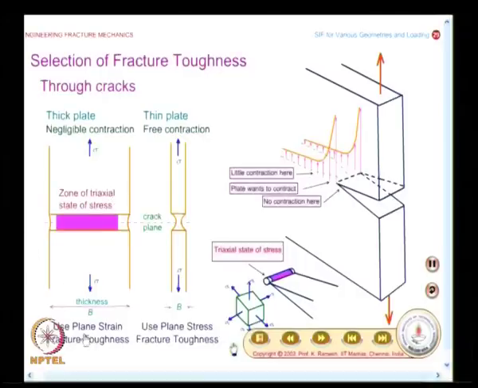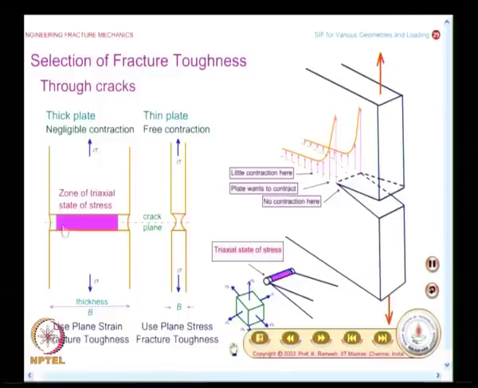From fracture instability point of view, you will have to know what value of fracture toughness you will have to take. Though we will have a separate chapter on fracture toughness testing, certain concepts related to that we may have to discuss even in earlier chapters. So, in such a problem where you have a thick plate, you have to use the plane strain fracture toughness, and I have already mentioned the plane strain fracture toughness is lower than the plane stress fracture toughness.